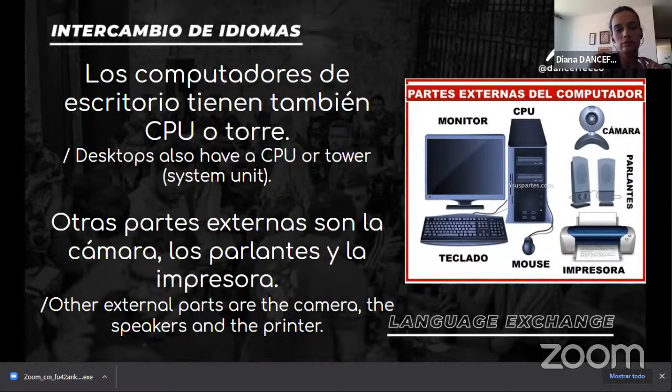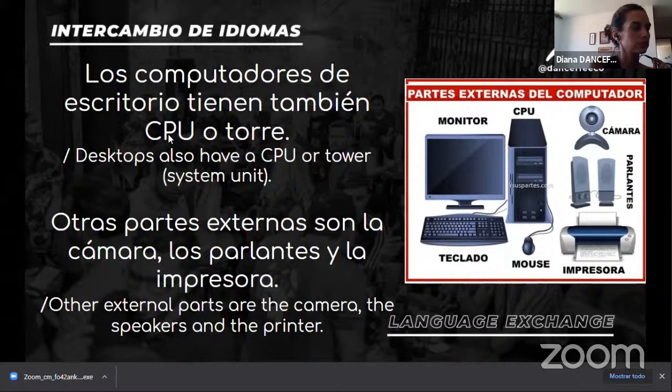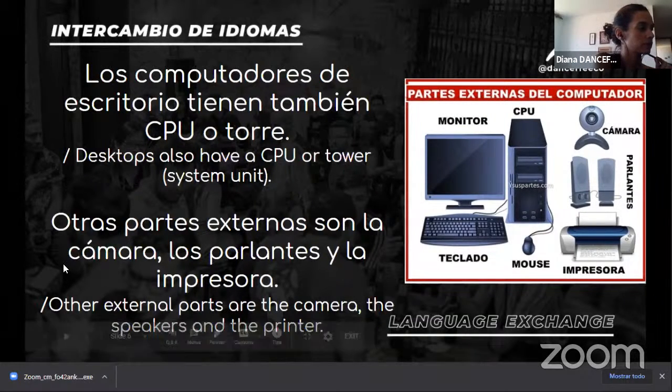Tower for the whole thing. If it's a desktop, yes. Okay. So, but we do use both. For us, the CPU, maybe we are not conscious about what CPU means. So we call the whole tower CPU. O torre, both work.